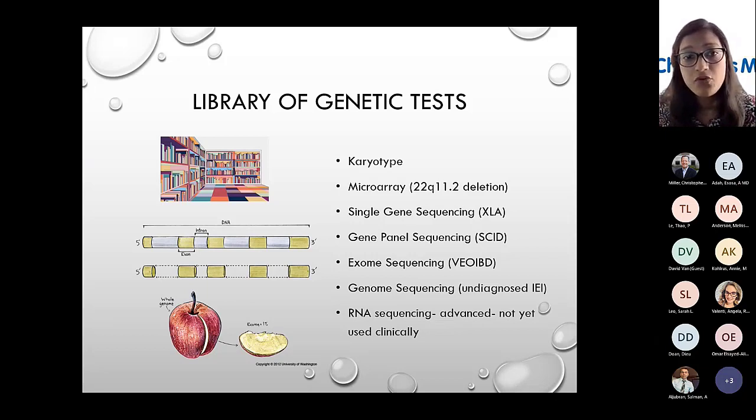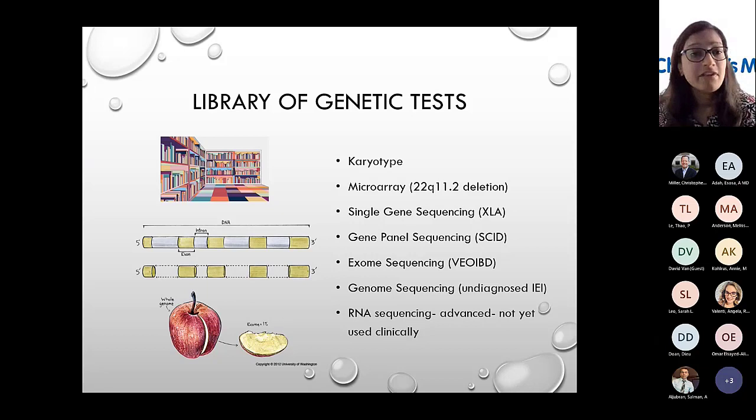And then really, if you have a disorder that's more complex, such as very early onset IBD, these patients can have a variety of different genes that could be affected. You really don't want to order a panel and then find out you didn't get an answer and order another panel and then another panel, and that's not cost effective. So we suggest using exome sequencing in that case.